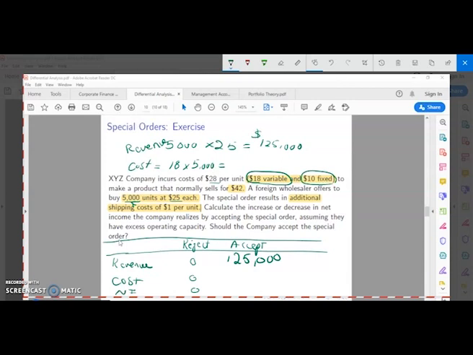But do you think that this is the total cost that I will have? Of course not, because I will have an additional $1 per unit for the shipping cost. So what I will do, I will add up this $1, okay?